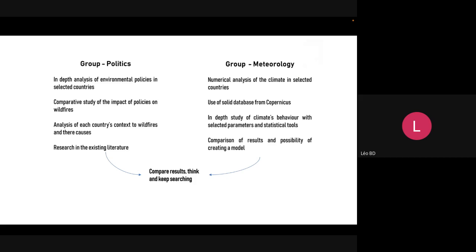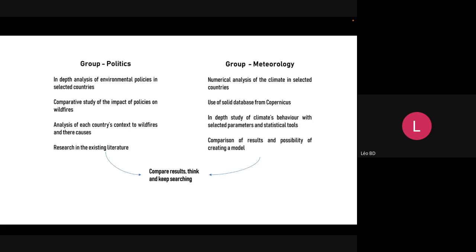What each group was doing was that the political group, for example, was doing in-depth analysis of environmental policies in selected countries, which means that for these countries, they were going through the regulations, the policies, the history of wildfires in these countries, and trying to see how each country was reacting to wildfires. And they were doing this in a comparative way to see differences between countries and see the context of each country as well.